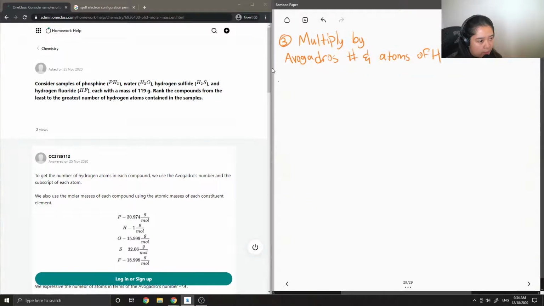Okay, so starting with phosphine, we found its number of moles to be 3.5 from the previous step. We need to multiply by Avogadro's number, which is 6.022 times 10 to the 23 molecules per mole.